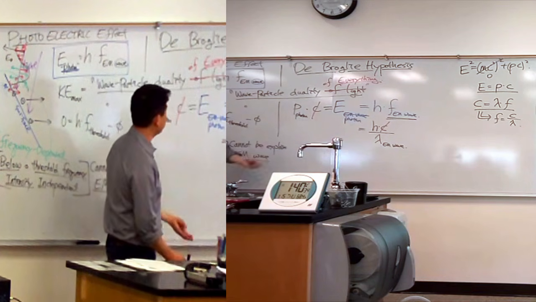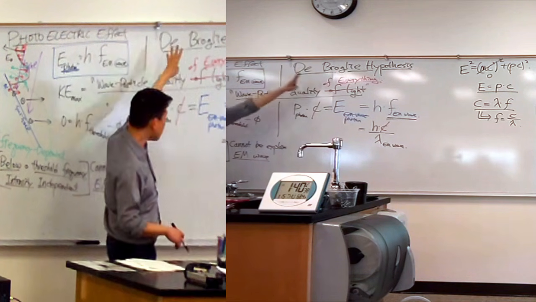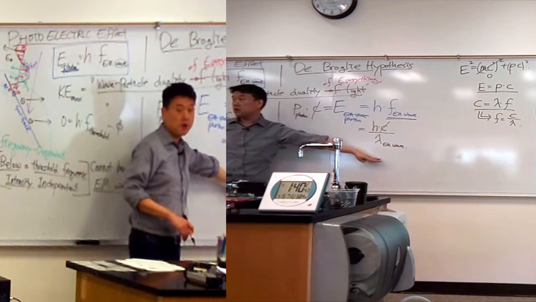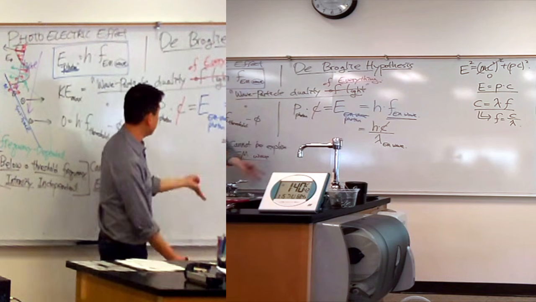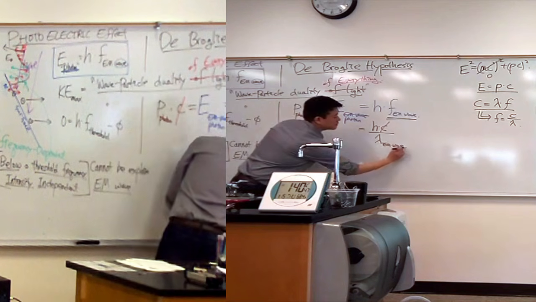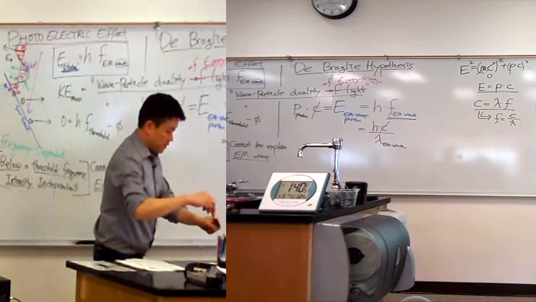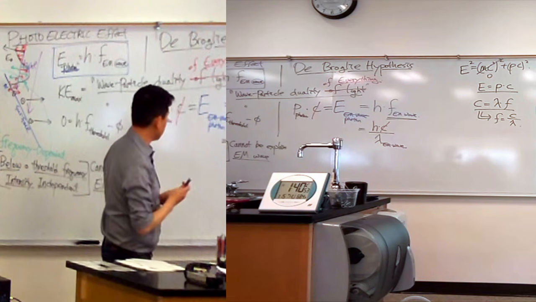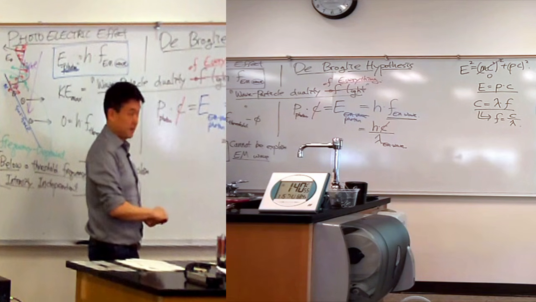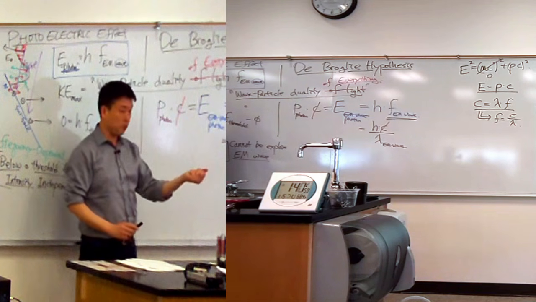This is where de Broglie makes the bold jump. So far he hasn't introduced anything new. What he would now introduce is that this is a universal expression, that this relationship applies to everything. It applies to light, obviously, and it applies to this ball.